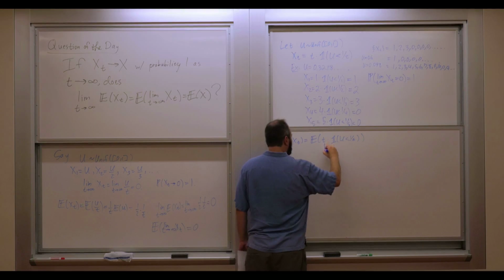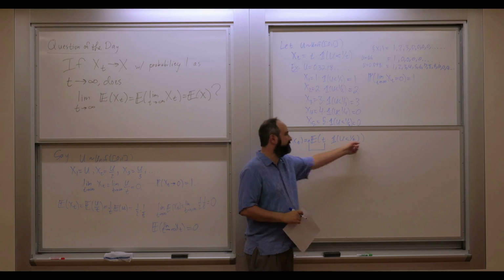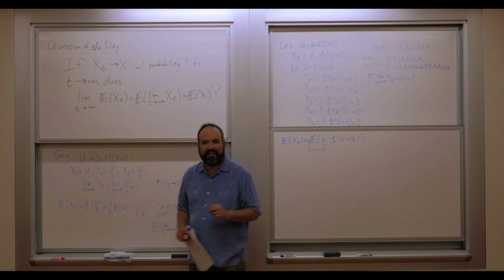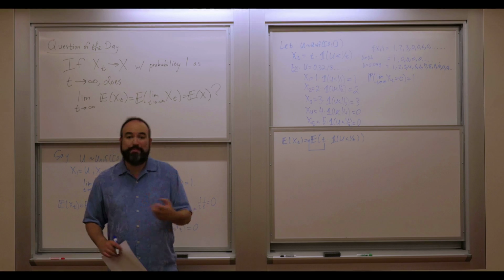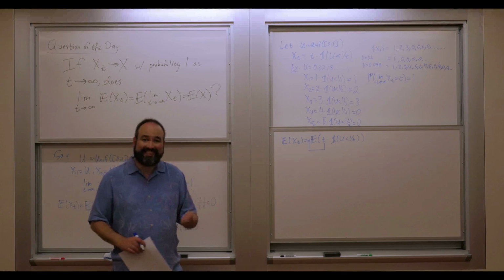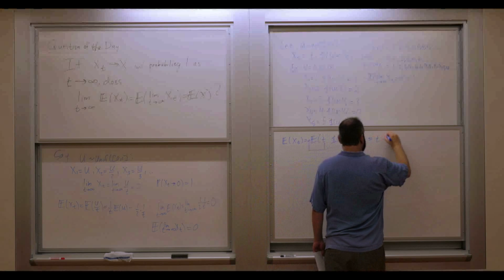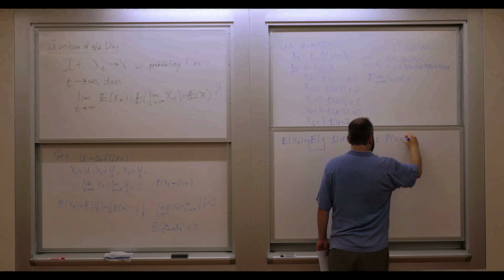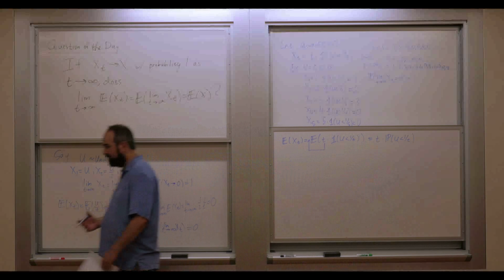Well, the t is a constant, so we can just bring it out. And I'm left with the expected value of an indicator. And remember, the expected value of an indicator is just the probability that the statement inside the indicator happens. So this is equal to t times the probability that u is less than 1 over t.